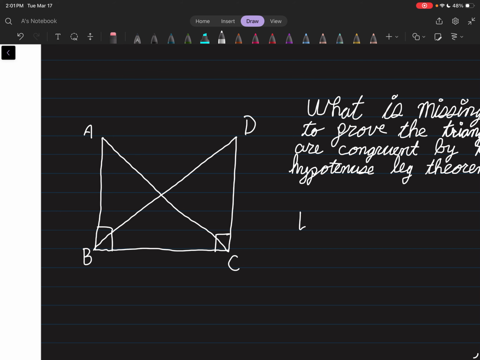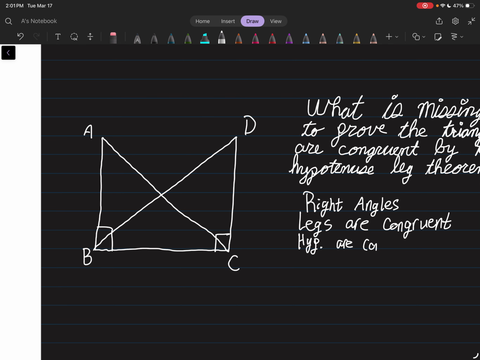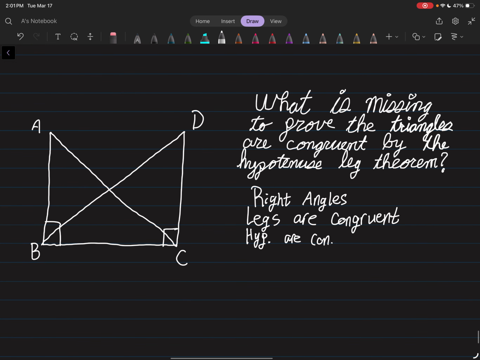I know that one of the legs are congruent. I know right angles. I'm just going to write them all. And I know the hypotenuses that I'm going to abbreviate there are congruent.